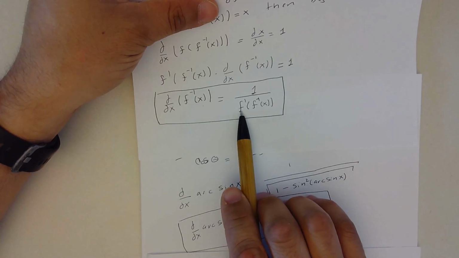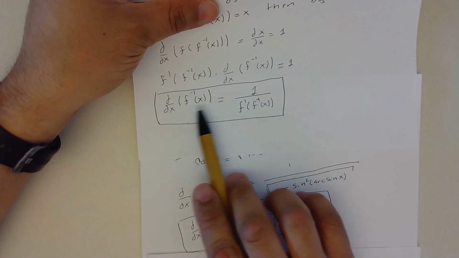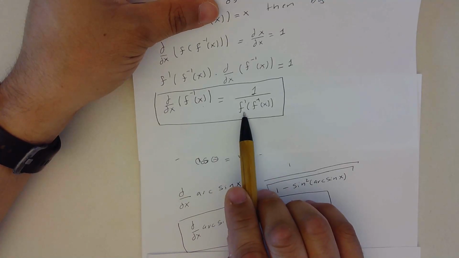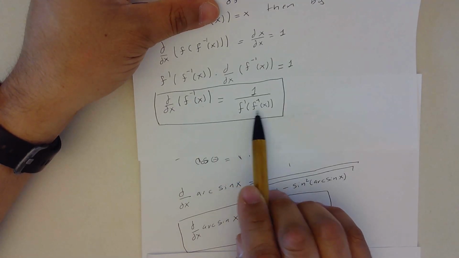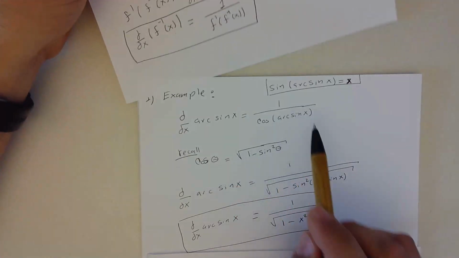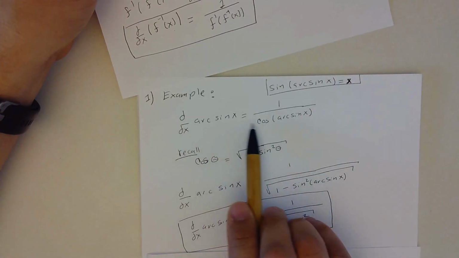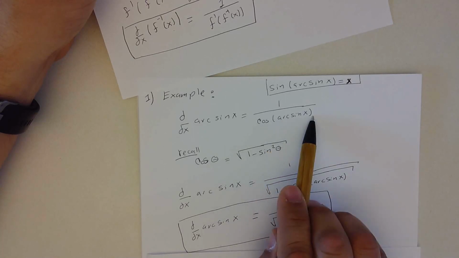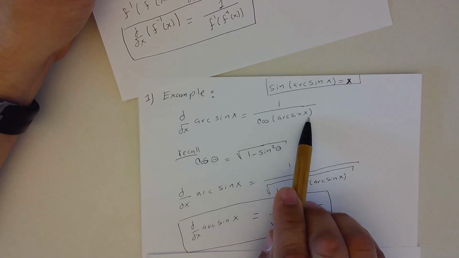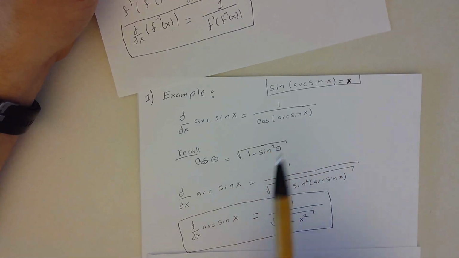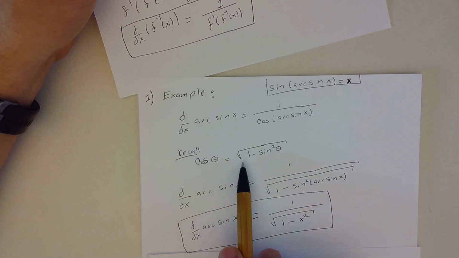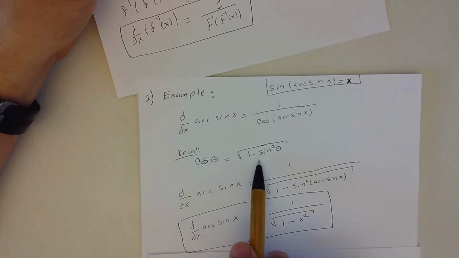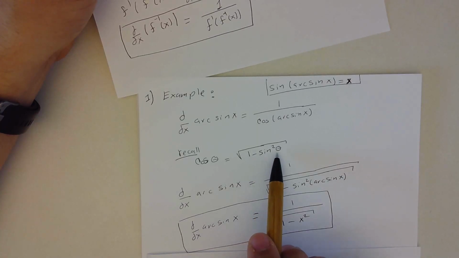So the derivative of the original function, composed with the inverse of the function. In this case, the derivative of sine is cosine, and we have the composition with the arcsine of x. But we can recall that the cosine of theta is the square root of 1 minus sine squared of theta.